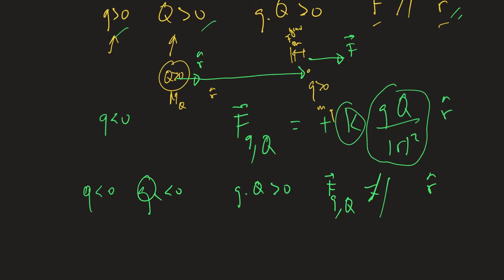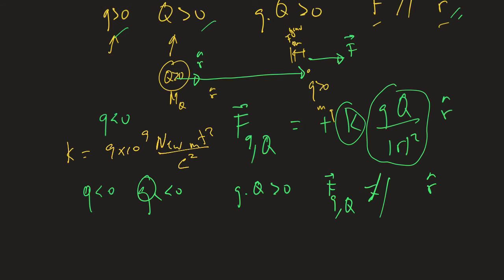The value of K is, I forgot to tell you during the class, K is 9 times 10 to the 9 newtons meter squared divided by coulomb squared, with the units of charge in coulombs.